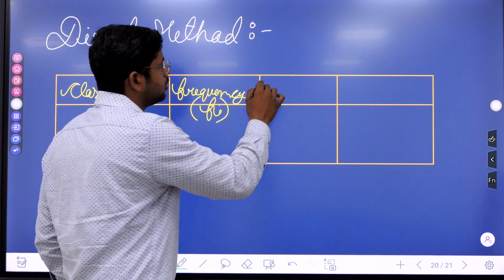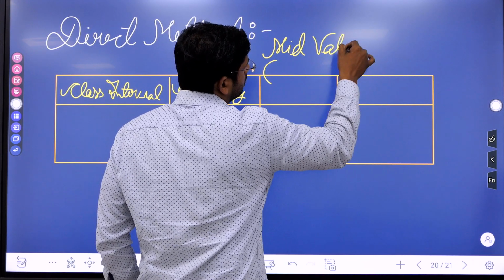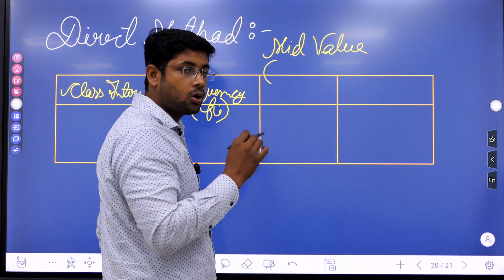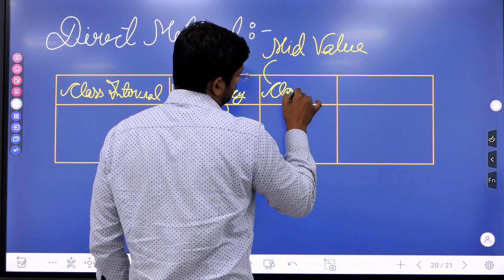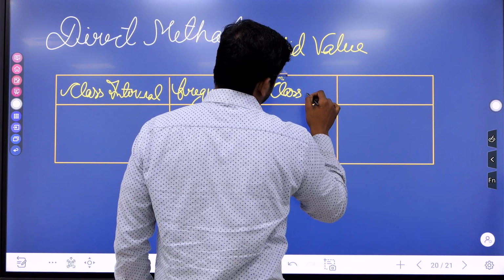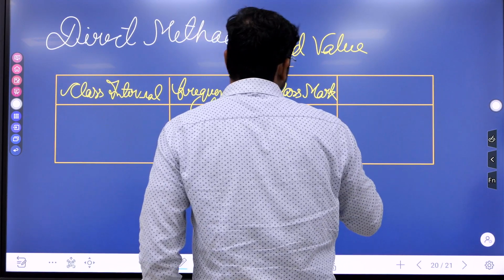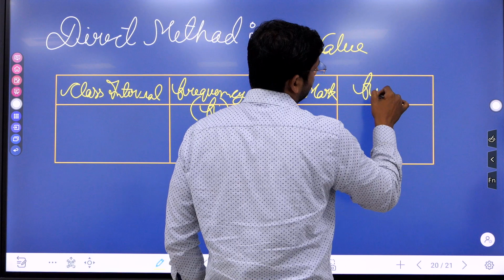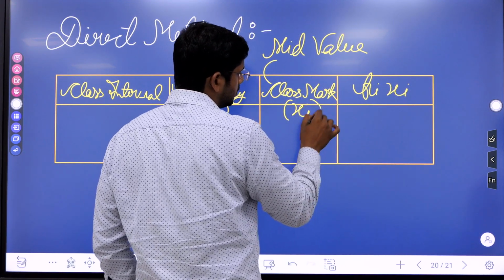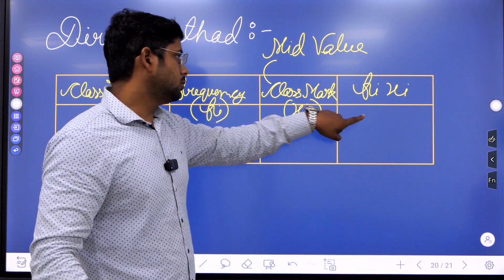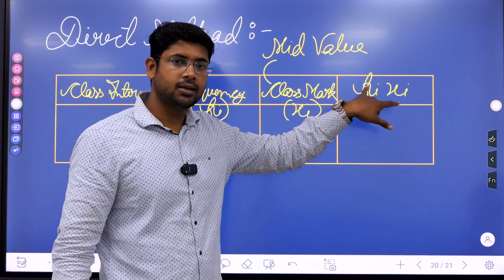Then you write mid value, which is also called class mark, xi. And the fourth block is fi xi, the product of fi and xi.